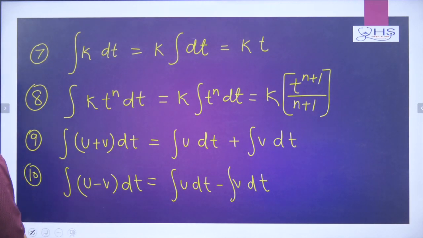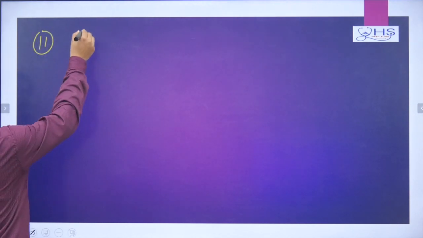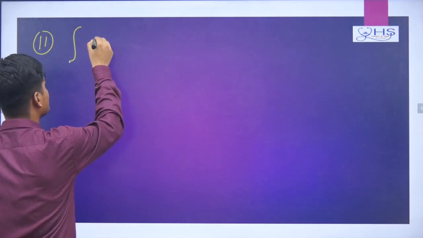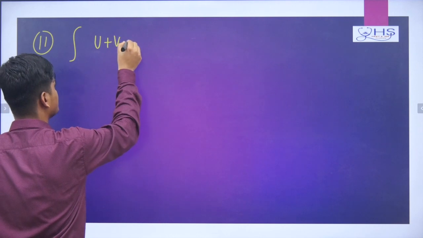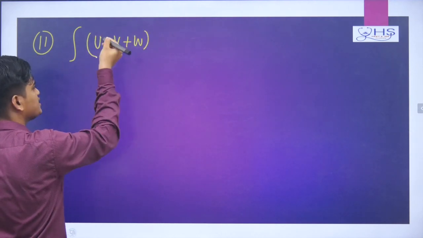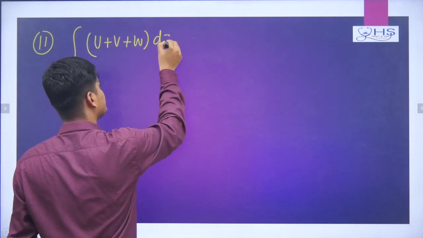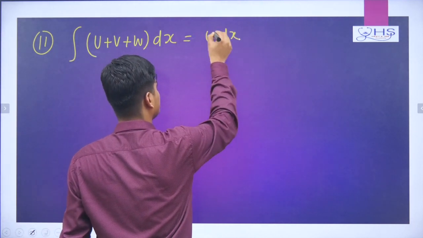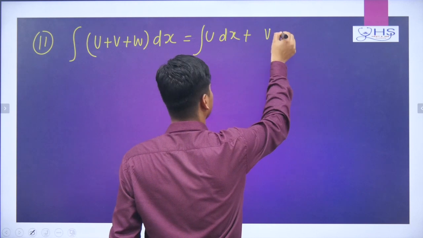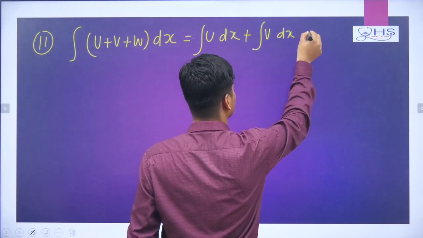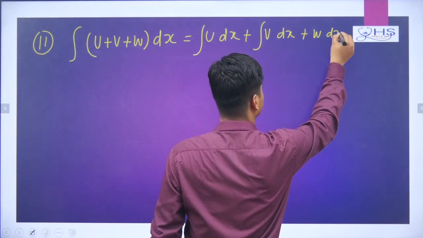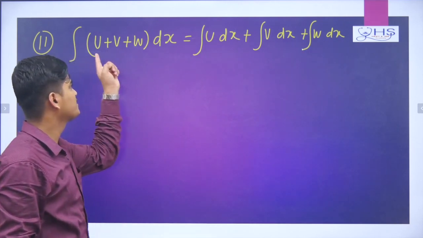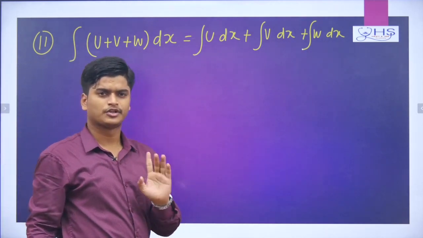Now let me write some other formulas also. Now the 11th formula, integration of u plus v plus w, suppose something like this is there, suppose here it is a dx or dt. I can write it as the integration of u dx plus the integration of v dx plus the integration of w dx. Suppose instead of a plus there is a minus, then you can put a minus, no issues.